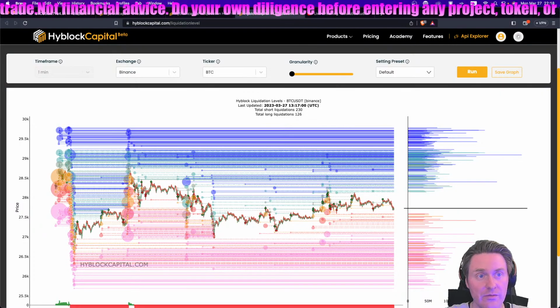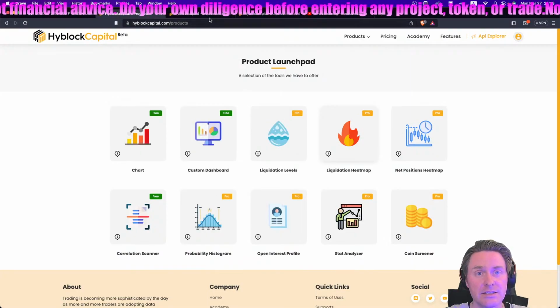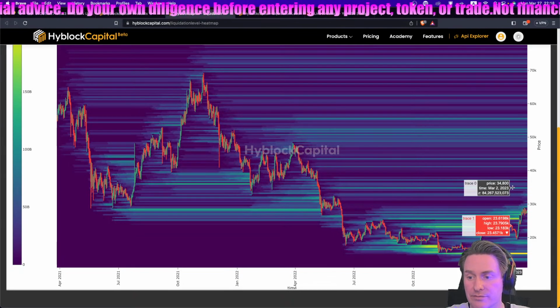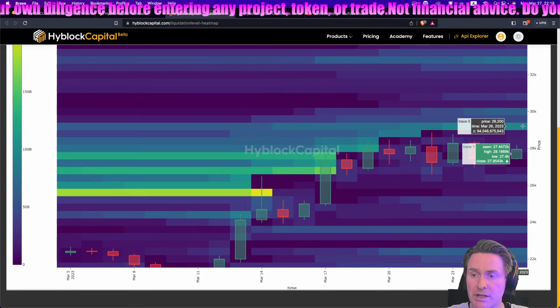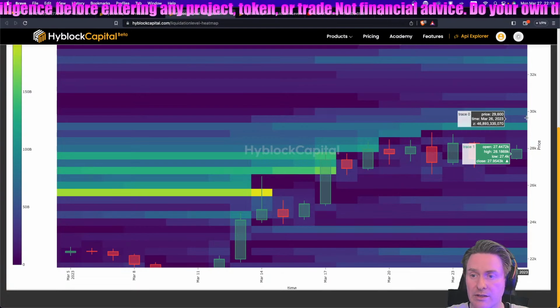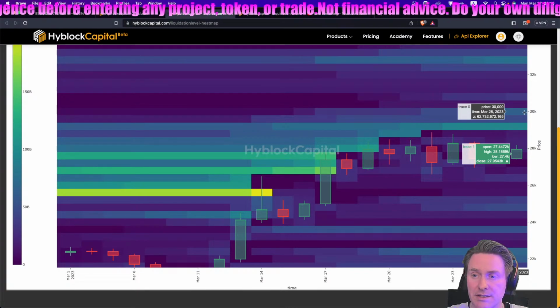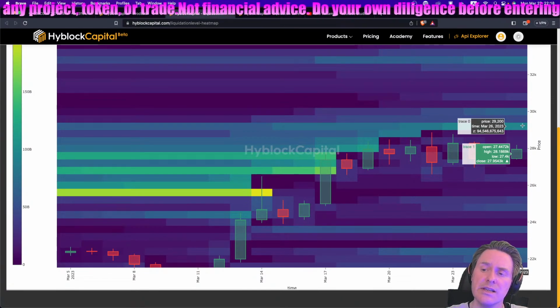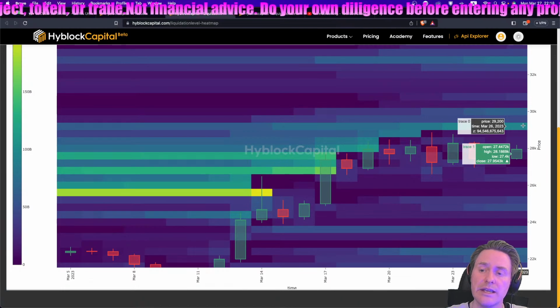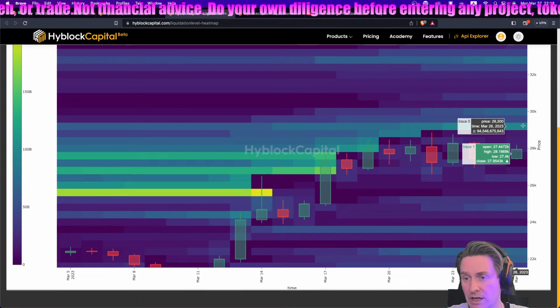All right, so if we take a look at the 2 year, close to 100 billion at 29.2, half that at 29.6, and 60 billion at 30K. So the most likely point to hit, if it would hit, would be 29.2.